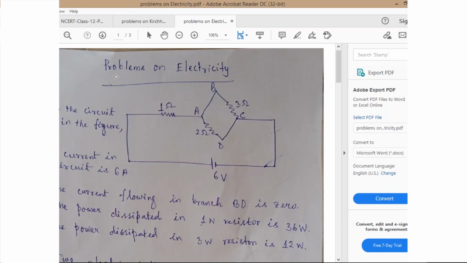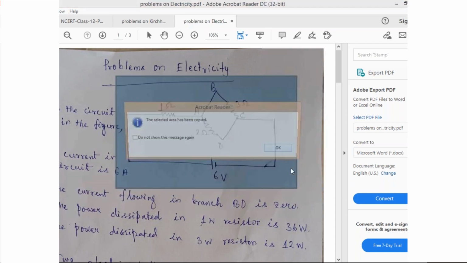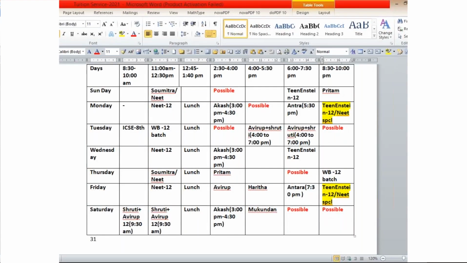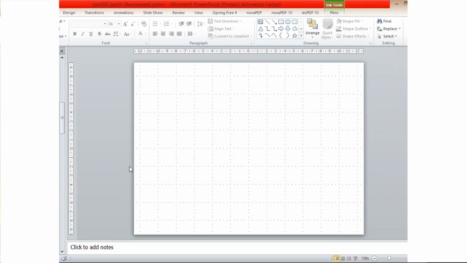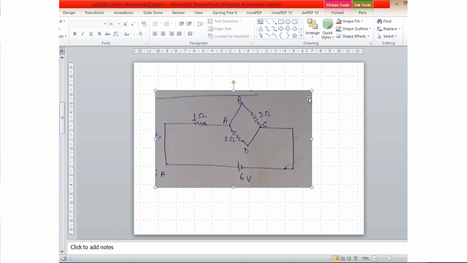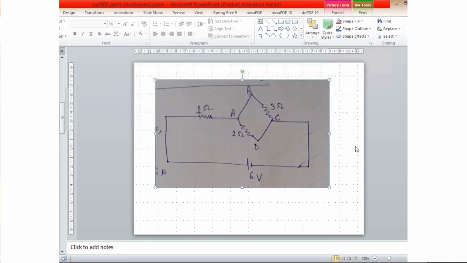In this circuit, what is the current? There are 3 options here. Actually, I'll just redraw the figure itself, because I'm sorry, in a hurry I had drawn this figure a little wrong.